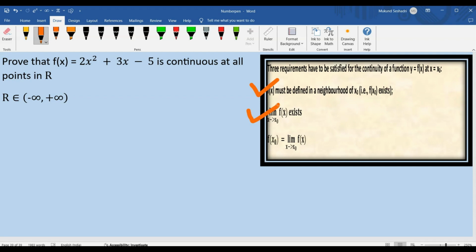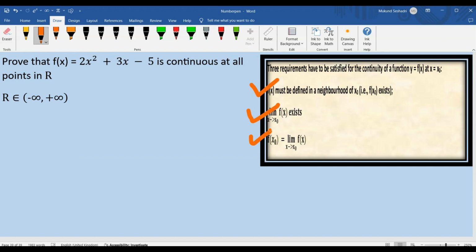If I take a value which is very close to x naught, be it from the left or from the right, I can confidently say that f of x naught equals the limit as x tends to x naught of f of x. Which actually means the graph of the function does not show a break at x equal to x naught, and it is a finite number. So this is the third condition for continuity of a function y equal to f of x.